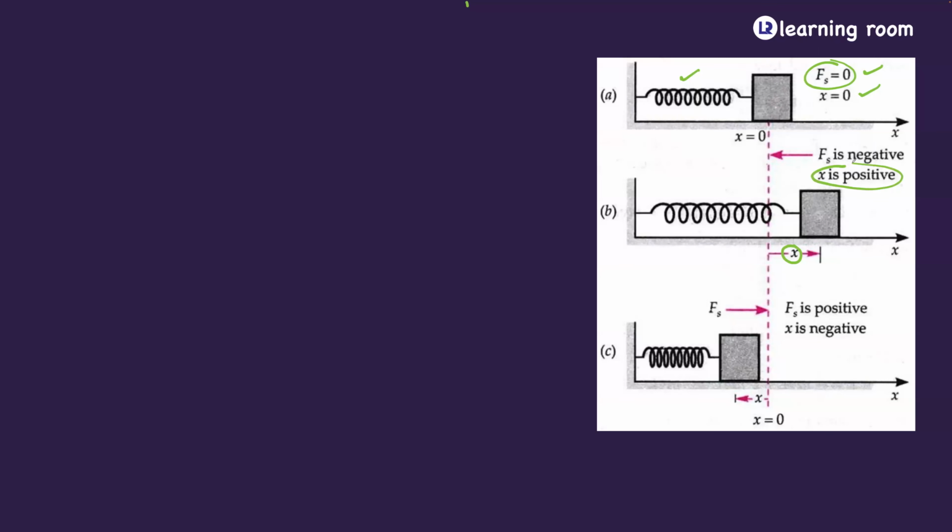But there will be a spring force that acts in the direction opposite to the extension. In the sense, if you created an extension in the rightward direction, a spring force will start acting on the object in the leftward direction. And the value of that spring force, if you write it as Fs, is directly proportional to the amount of extension you have created in that spring.